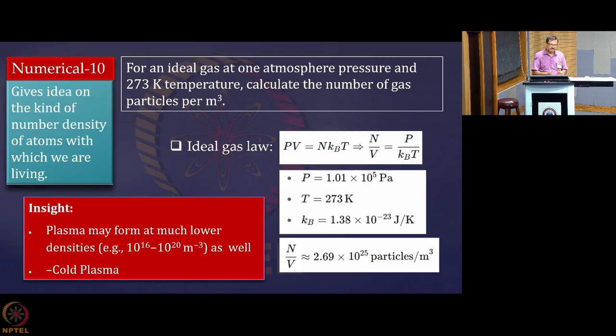And this density of species will determine the process rate. So, what is the efficacy, what is the throughput of the process that you have designed will depend on the kind of active species that you have generated in your plasma, which very much depends on the kind of number density that you are generating. So, knowing the number density is very much important.